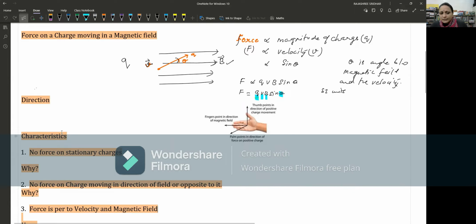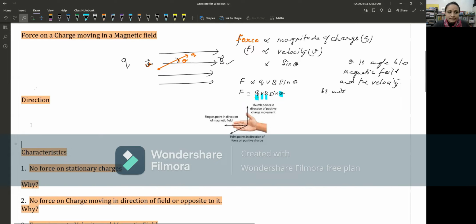Now let us talk about the characteristics. Before I teach about the characteristics, let me tell you the factors on which this force depends. Let us look at this more qualitatively. F depends upon charge. That means the particle entering here should be either a positive charge or a negative charge.